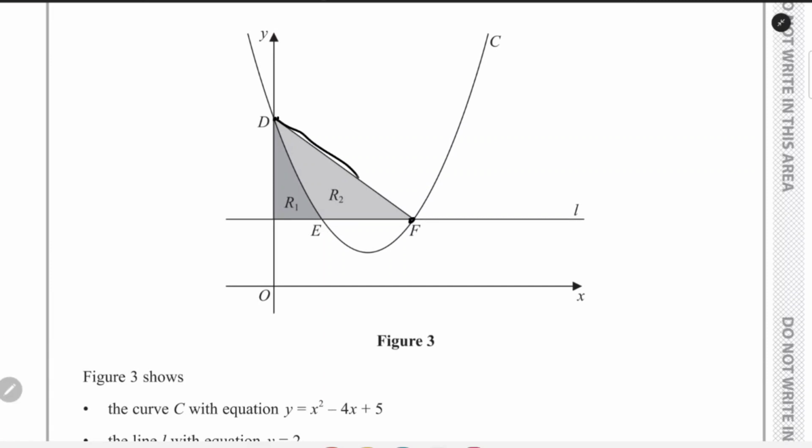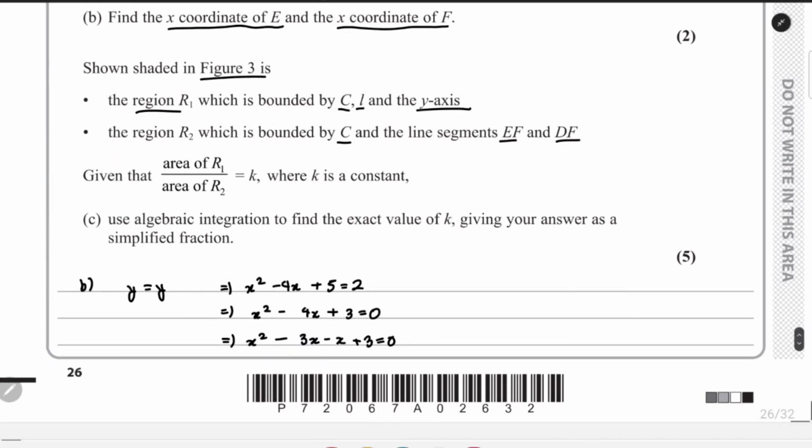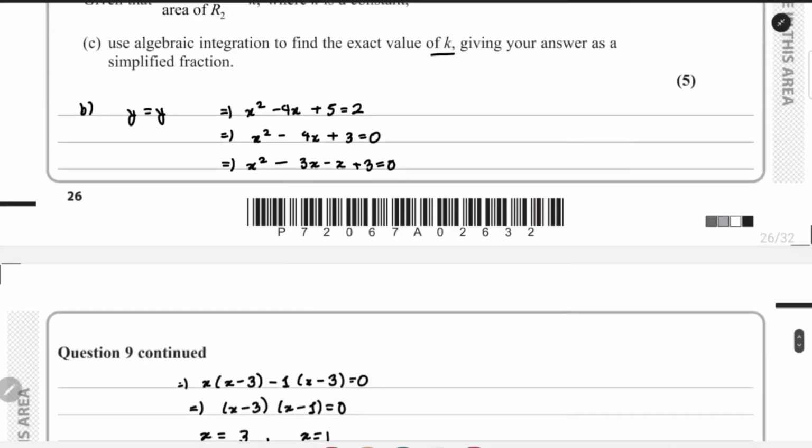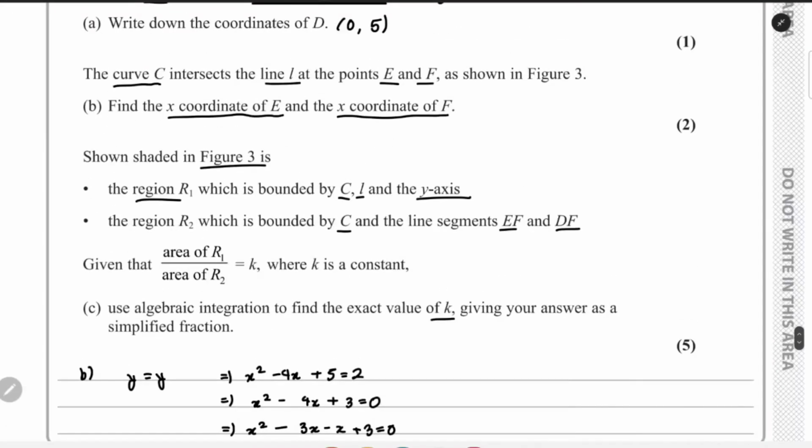DF is this, so this line over here. We have to find the ratio of area 1 by area 2, which equals k. We have to find the exact value of k. This is a 5-mark question, so pretty big.